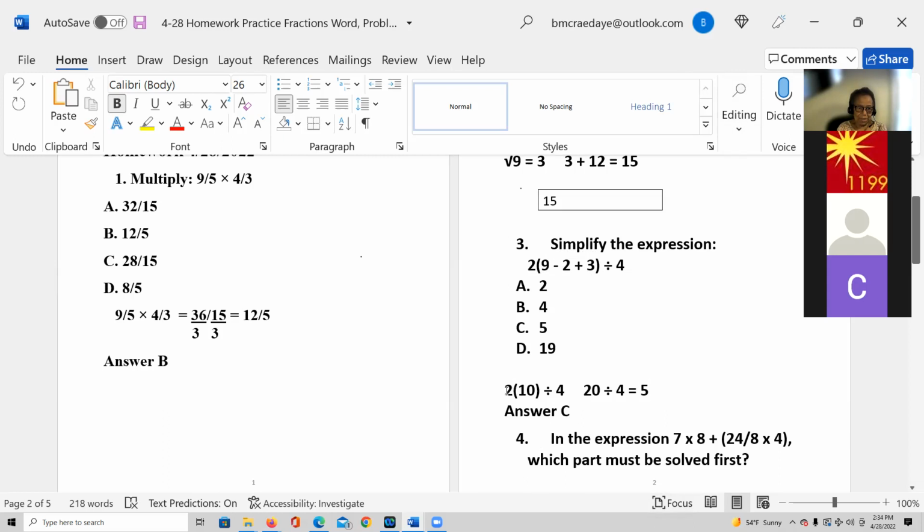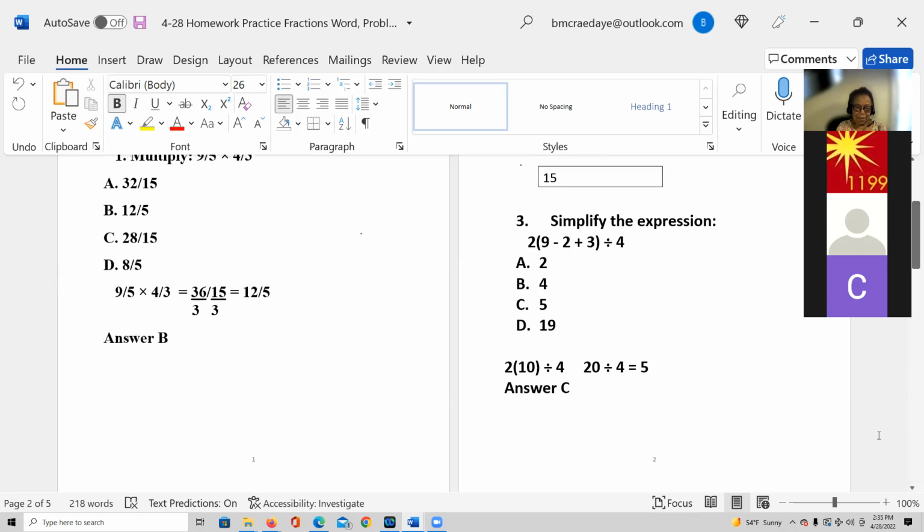So now the parentheses is a 10. So 2 times 10 divided by 4. We do our multiplication, going left to right. 2 times 10 is 20. Then we do our division. 20 divided by 4 equals 5. Answer C. That's 5.